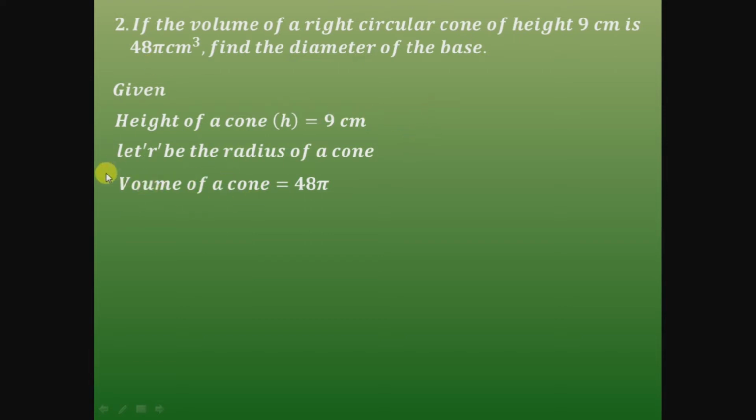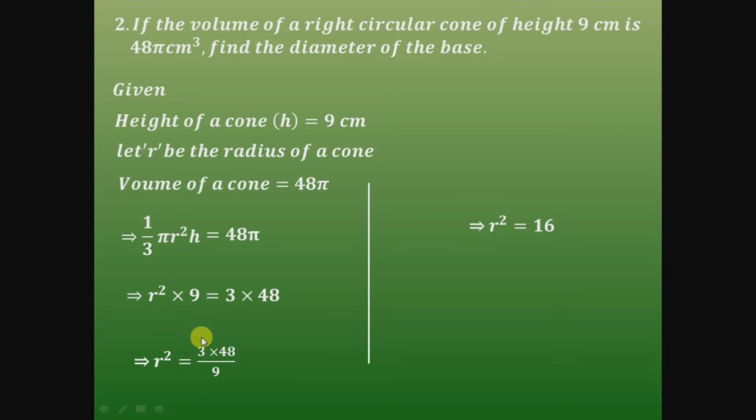Let's replace the volume of the cone by its formula, which is 1/3 pi r square h is equal to 48 pi. Now this pi and this pi will get cancelled. So I'll get r square h, and instead of h I'll write 9 centimeter, because the value of h is 9 centimeter, is equal to 3 into 48, as this 3 will go here by cross multiplication. Now r square is equal to 3 into 48 divided by 9.